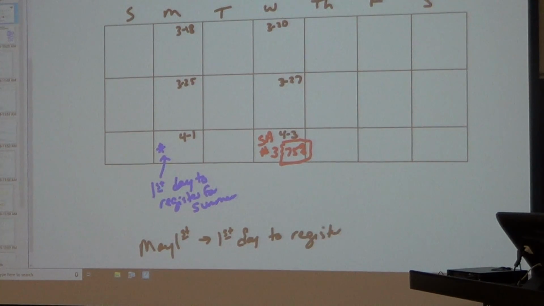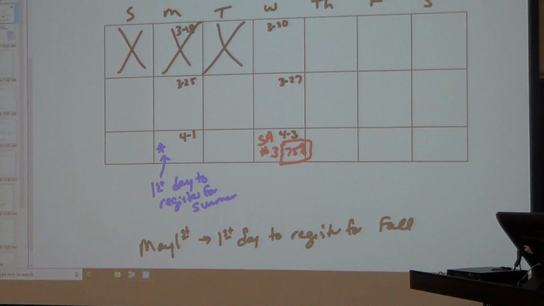April 1st is the first day that you can register for summer classes. May 1st is the first day that you can register for fall classes. They just split it up and sent us a new calendar, I want to say yesterday. So that's a little change.